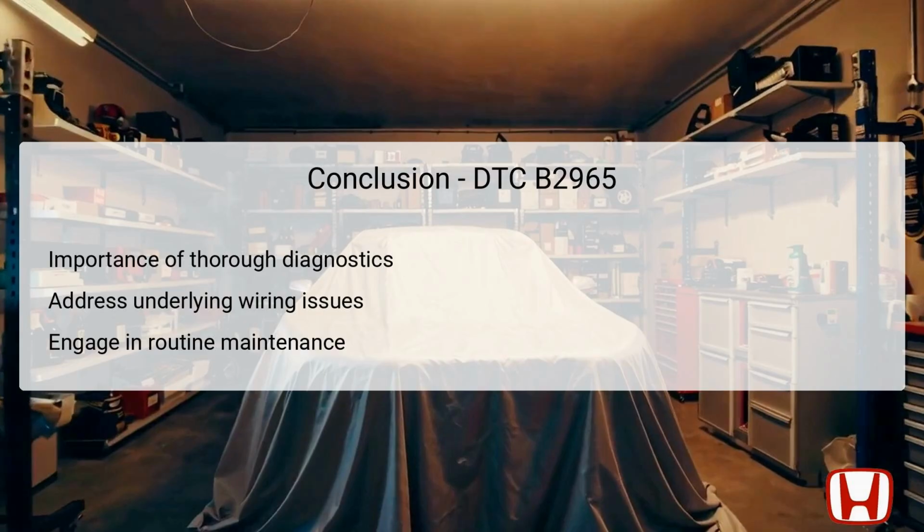Addressing not just symptoms, but underlying wiring issues can prevent future occurrences of similar DTCs. Also, engaging in routine maintenance practices will enhance the longevity and effectiveness of the vehicle's HVAC system, ensuring passenger comfort. A comprehensive understanding of the system and proactive measures form the foundation of reliable vehicle performance.